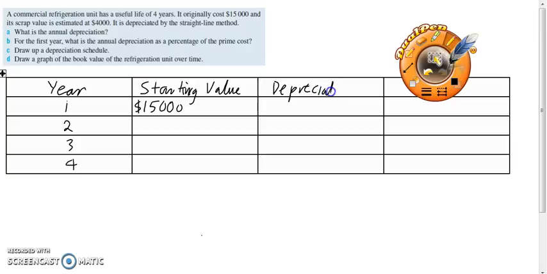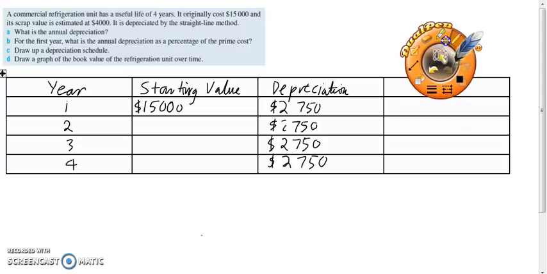Because we are using this particular method, which is called straight line, that value will be the same every year. So we worked it out before, it was 2,750. So you can fill in all of them with that. And the last column is the written down value.